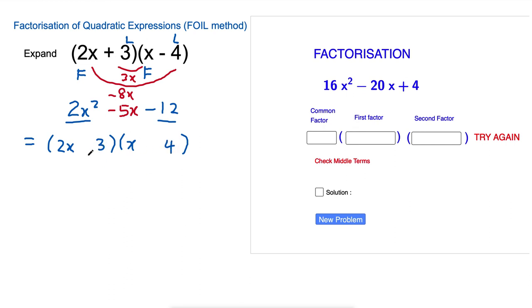Now notice the sign is not considered. We are just using the first term to determine the terms in each bracket and the last term to determine the terms in each bracket. To finish up the process, we need to find out what the middle term is. To do that, again, we do the same process. This is 3x, and the outer is 8x.